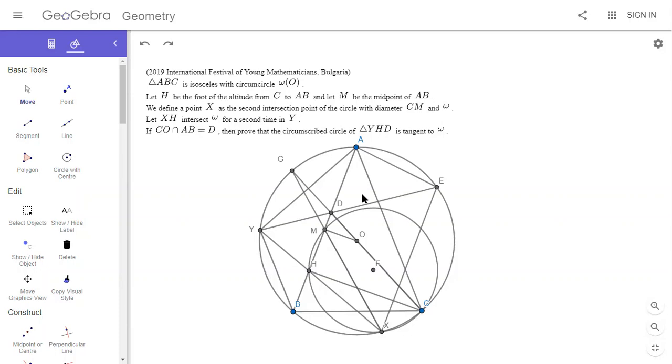So BYH is also just BCX. That seems like it might be easier to compute. So angle BCX. Or I wonder if BCX and AEC, they don't look similar.